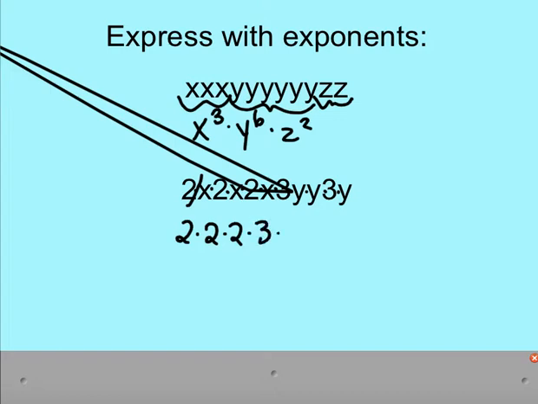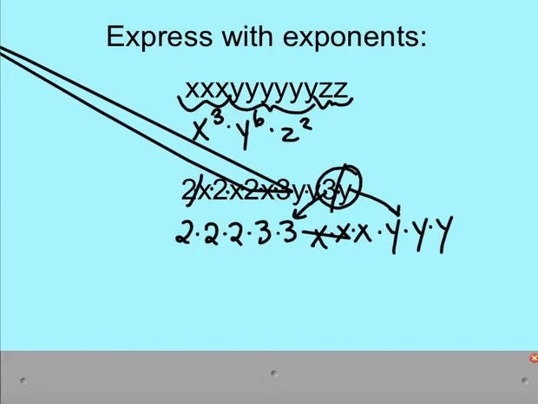And I'm going to move all the 3's in the same place, all of the x's in the same place, and all of the y's in the same place. Even though it says something like 3y, those are disconnected. We have a 3 and we are multiplying by a y, which means I can separate them to go as a 3 and as a y.